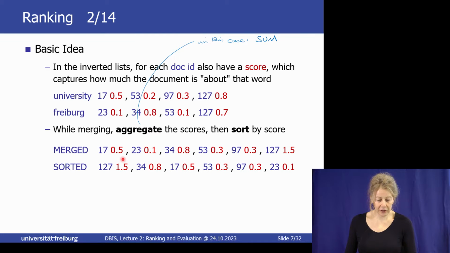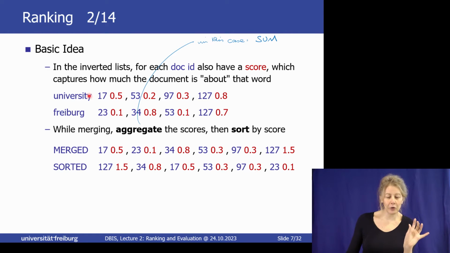And then we sort this. And now 127 is first, it's the one with the highest score. Why? Because it contains both of the words with a high score. One other important thing to understand: 17 contains only university, not Freiburg, but with a decently high score, 0.5.